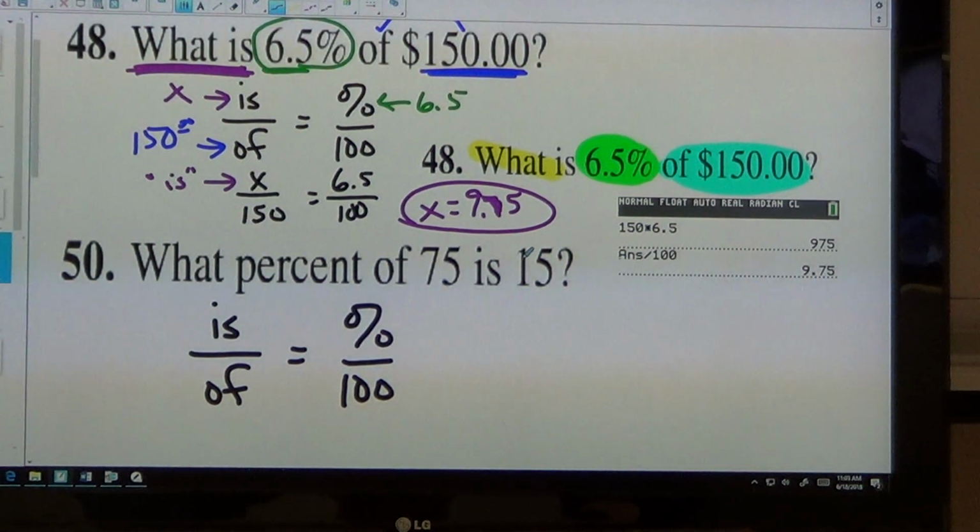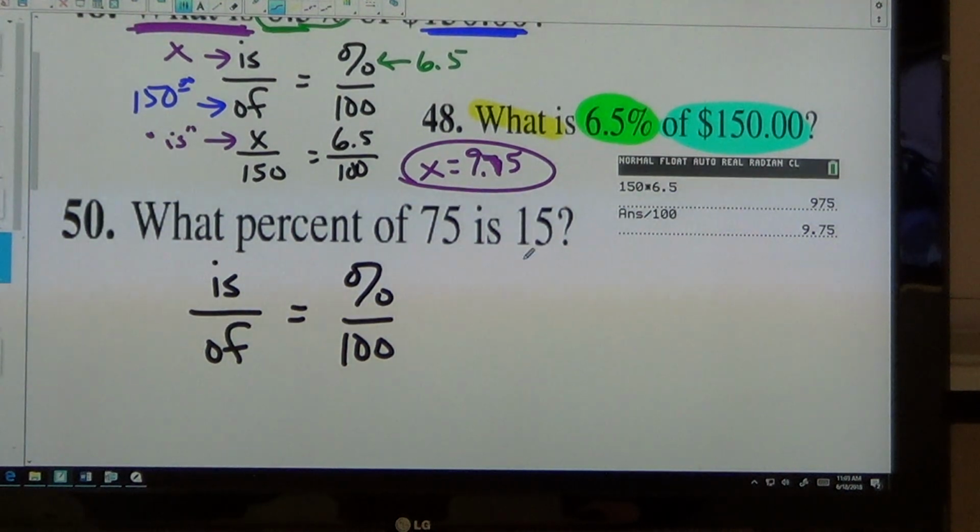We good? Now, for the next one, start with numbers that are at the beginning or the end of the problem. So at the end of the problem is the number 15. What is it next to? 15 is next to the word is. So the is going to be 15. Now, I've used the is and I've used the 15.